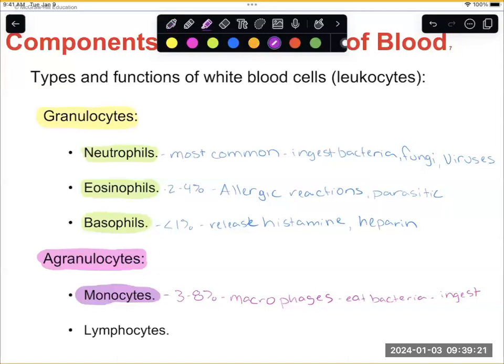And then we have lymphocytes. Lymphocytes are the most highly trained. They make up about 25 to 35% of white blood cells. It's a pretty large amount. They are your adaptive immunity.